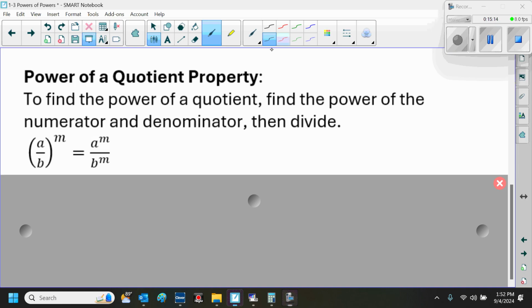But here, what we said was to find the power of a quotient, we find the power of the numerator and the denominator, and then to simplify, we divide. So we are going to apply this m to everything inside, the numerator and the denominator. So a over b raised to the m power means a to the m divided by b to the m.